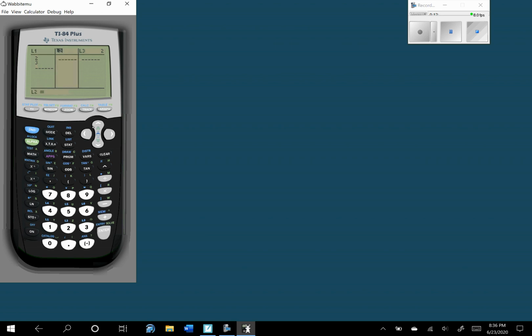So just hit clear and down. Or if you're not highlighted at the top of the list, you can also hit delete on the actual number. So either of those two ways work. So we know that the x values are going to go into list 1 and the y values go into list 2.